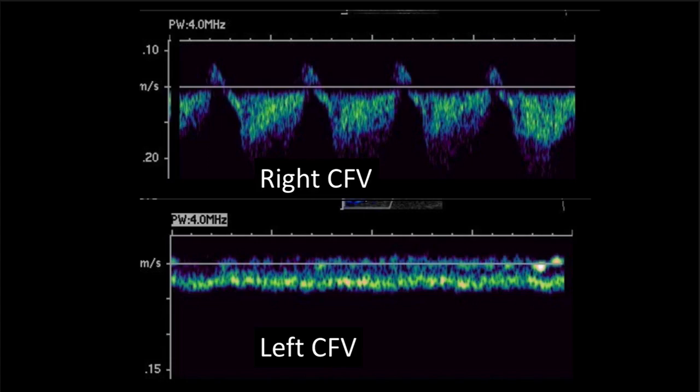So that might be, in this case, IVC, or one of the iliac veins, etc. So if they show you that, that's what they want you to say. They want you to say central thrombus that's taken the phasicity out here.